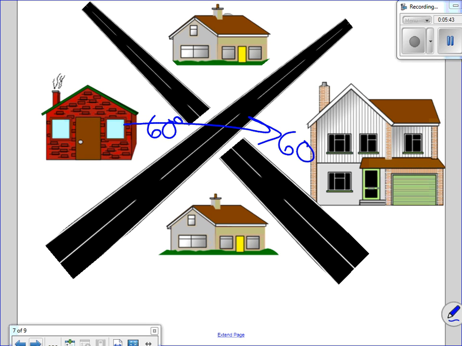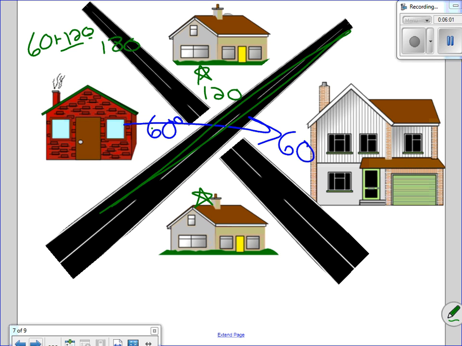Well, this right here would be adjacent. This right here would be adjacent. So 60 plus what number equals 180, right? It would be 120. So this is 120. As you can see now, got a straight line, right? 60 plus 120 is 180. This would be 120. 60 plus 120 is 180.